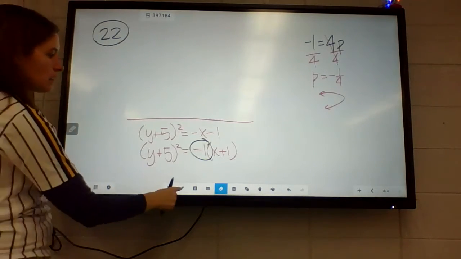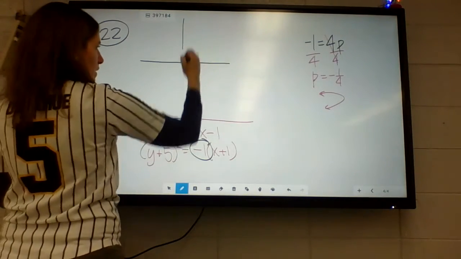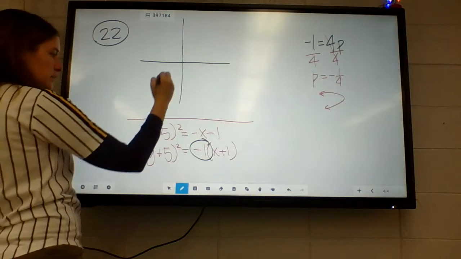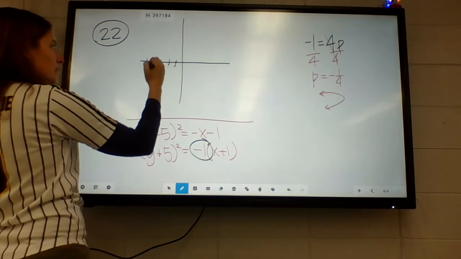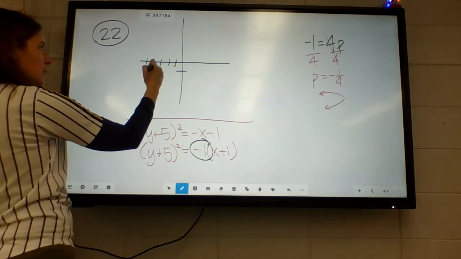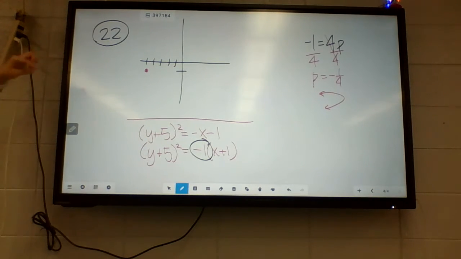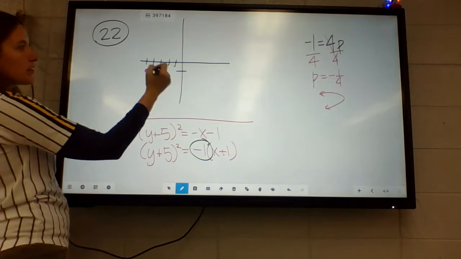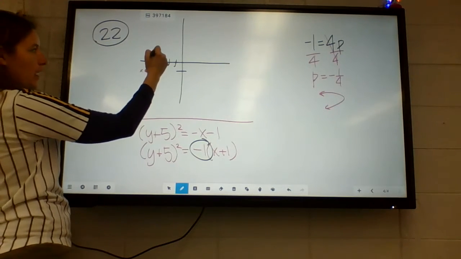So then, negative 5, negative 1. And then again, it's going to open this way, but the directrix is only like 0.25 away.